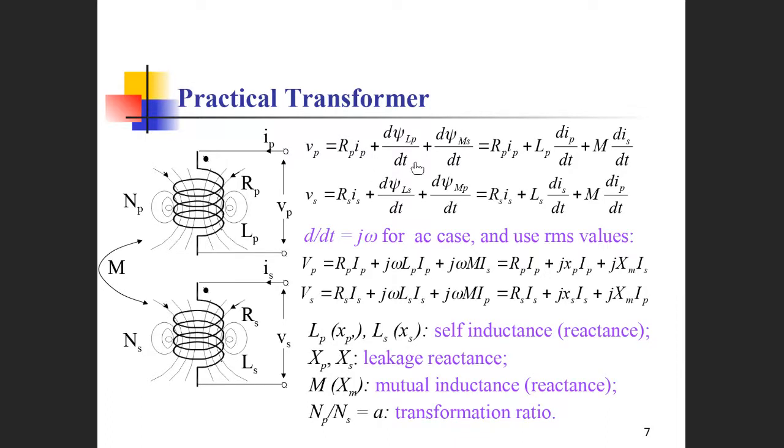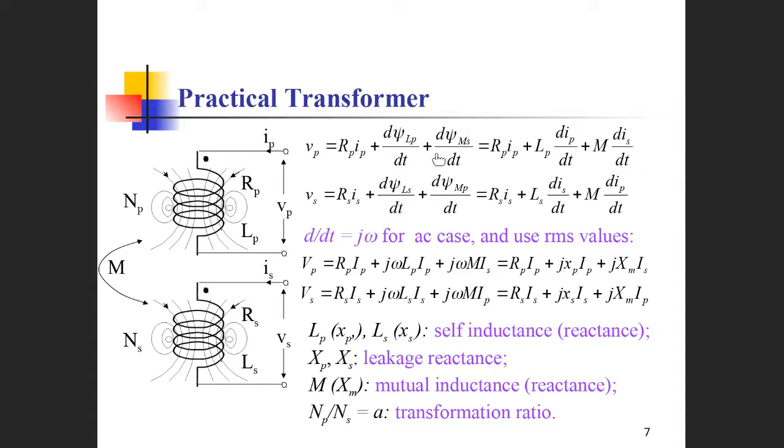And the primary coil itself has flux linkage. This flux linkage is due to the primary coil itself, so its change rate, as I just said on the primary side, is the flux linkage changing due to itself.